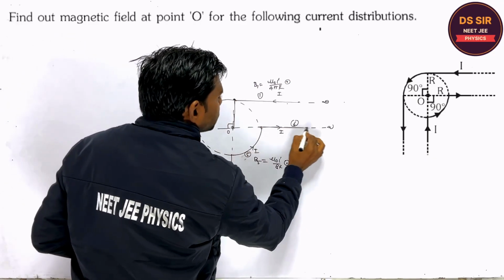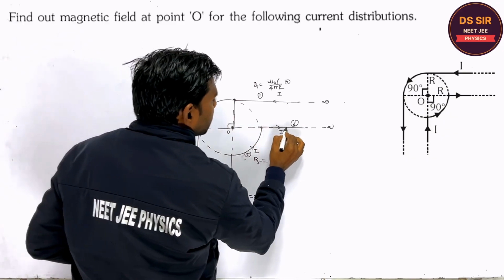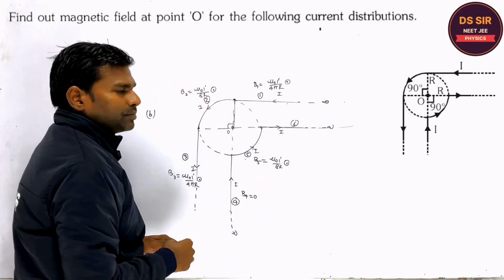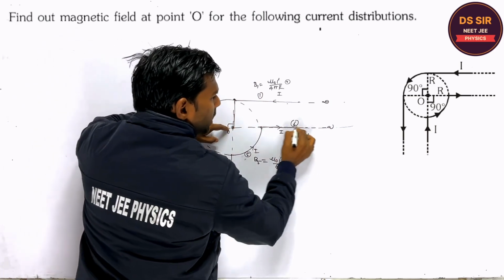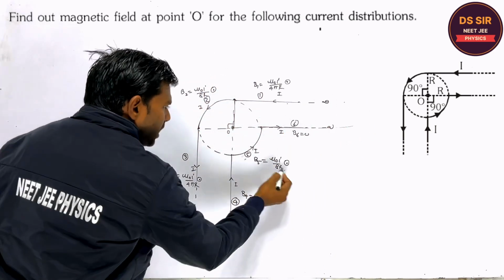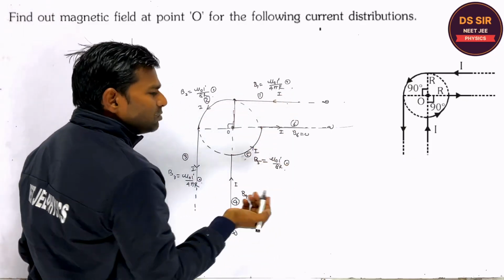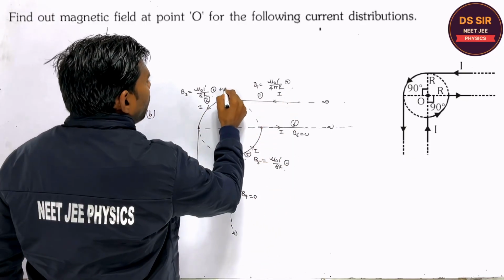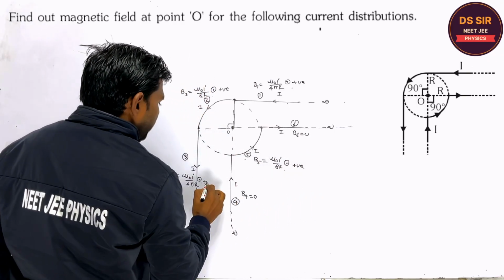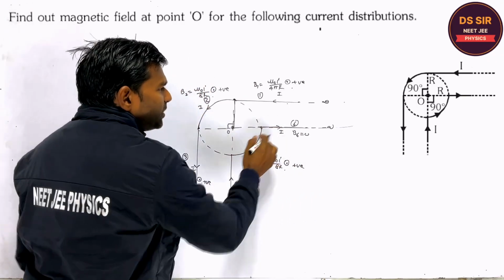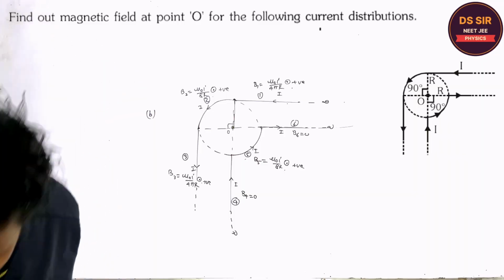And because of this sixth part, B6 is 0. Why is it 0? Because the point O lies on the line of the wire. This is out, this is out, this is out, and this is out. If out is taken as positive, all magnetic fields add up, while B4 and B6 are 0. Is it clear or not?